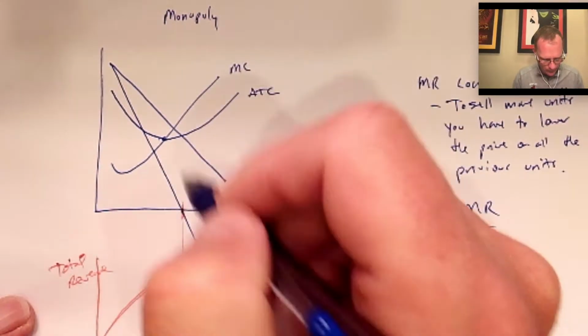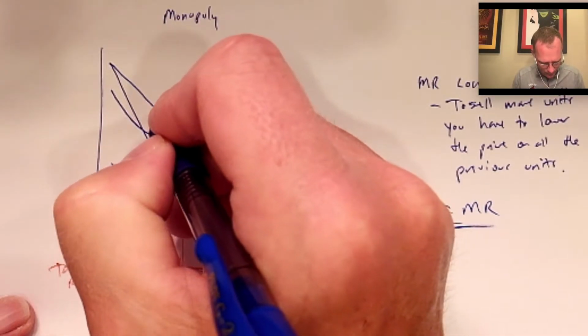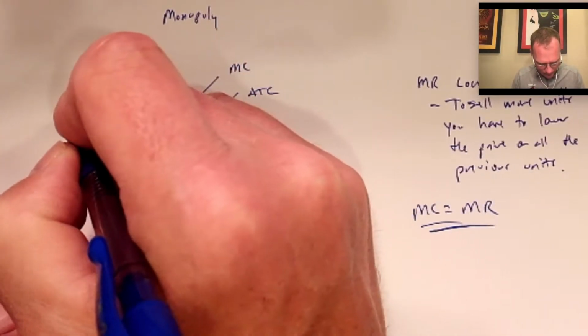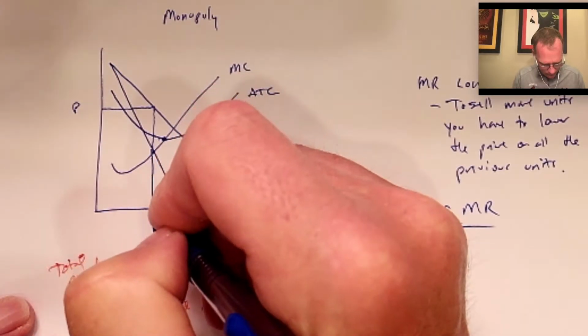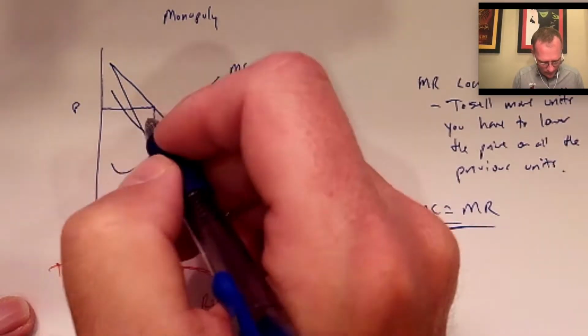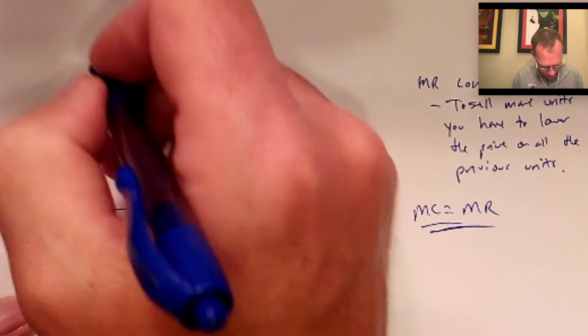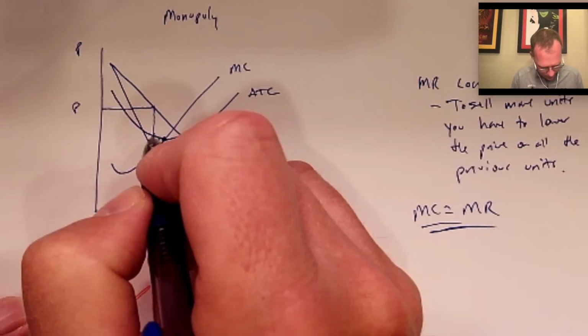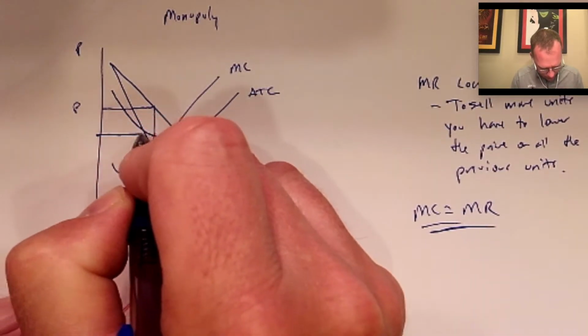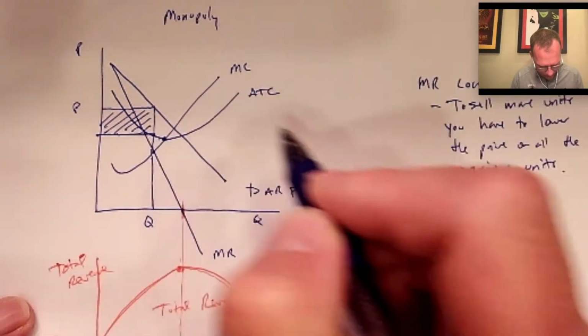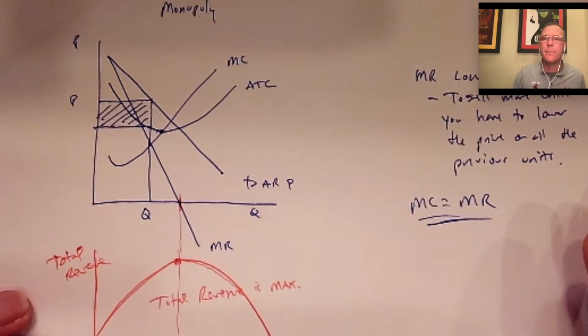So we go to where MC equals MR, come up here, get our price, come down, get our quantity, and then go from price down to our ATC. We come across and shade that in. That is our profit right there.